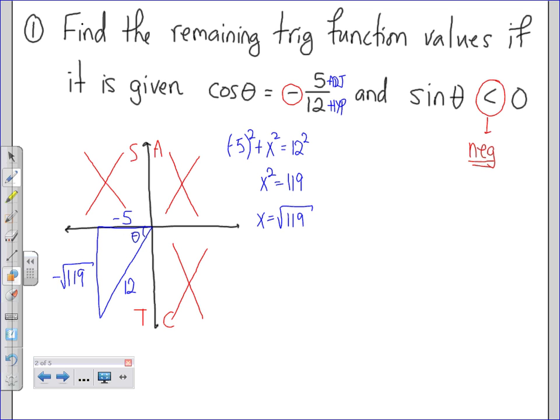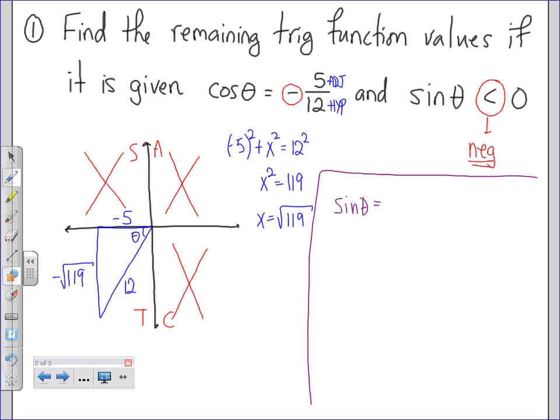Okay, so now we want the remaining trig function values. We're ready to go ahead and start writing those out using our opposite, adjacent, hypotenuse definitions. Sine of theta.